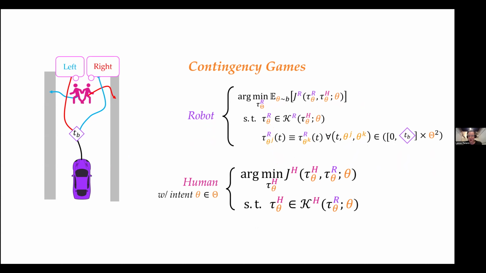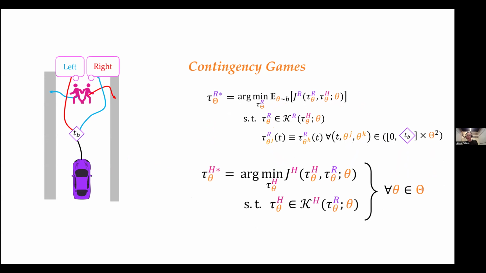They don't see the other copies of themselves, but the robot has to play against all of them simultaneously with this conditional plan that it computes. And so in this setting, the human part of the solution is a multimodal prediction that is now coming out of this game, and the robot's part of the solution is a corresponding conditional best response plan.